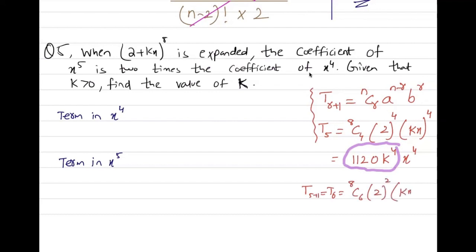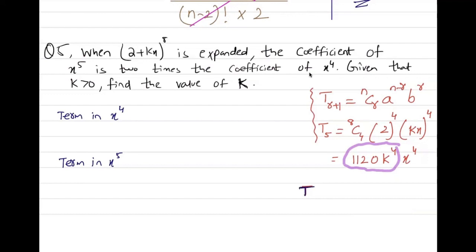Second term, that is 6. 8C6 is 28. 28 times 4 is 112. k to the power of 6, x to the power of 6. So, have I done something wrong? Oh yeah. Guys, my bad, sorry. I had to find the term in x to the power of 5, not x to the power of 6. I made a small error here.